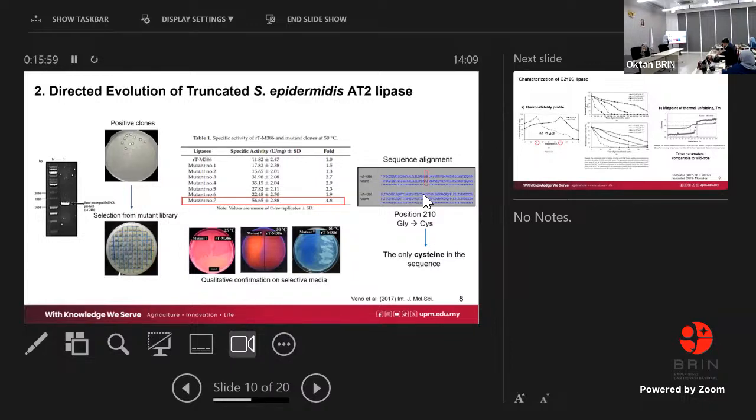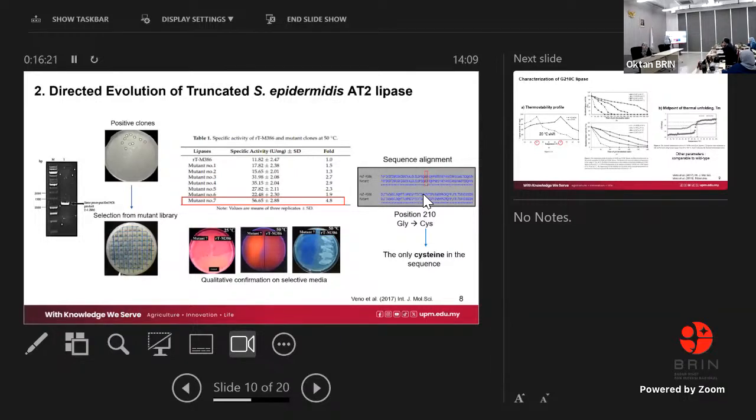So we selected this enzyme, and then we further analyzed it based on qualitative analysis. If you look here, there are three plates showing that the wild type has no activity at 50 degrees, but the mutant has activity.